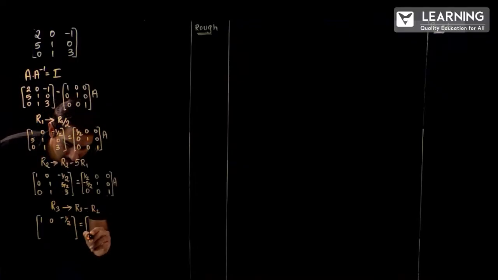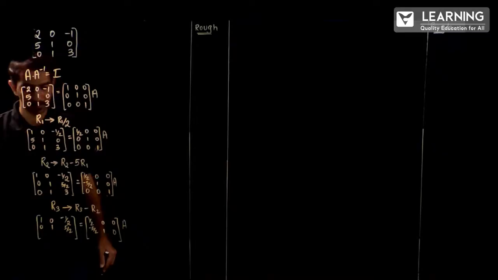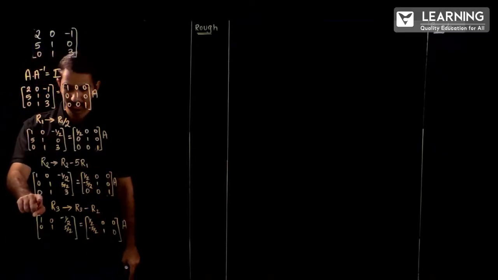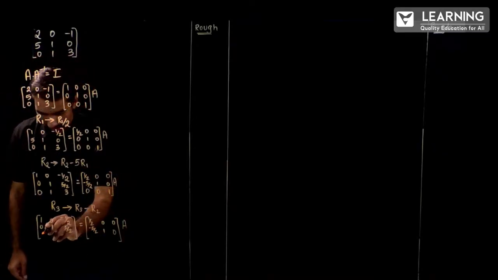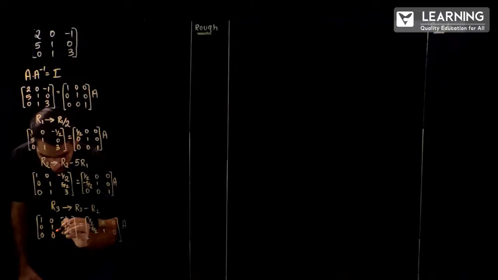It is equal to 1 by 2, 0, 0, 0, 1, 5 by 2, minus 5 by 2, 1, 0, and we have here A. R3 minus R2, 0 minus 0, 0. 1 minus 1, 0. This is 0.